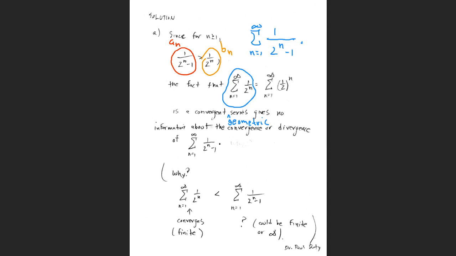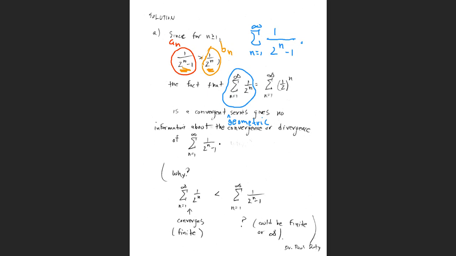And we note that the terms of our series are greater than the terms of that geometric series, because the denominator 2 to the nth power minus 1 is smaller than the denominator 2 to the nth power.